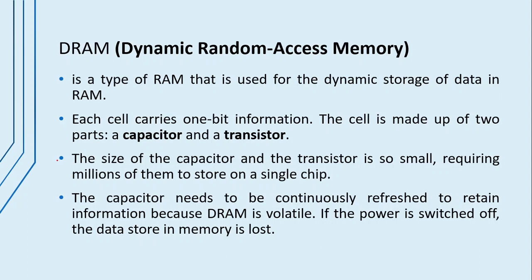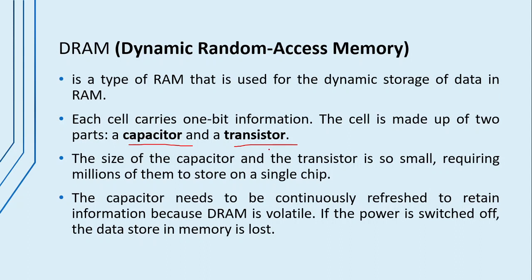In this kind of RAM, capacitors and transistors are used to store your data. Each cell carries 1 bit of information, and as per the size of your RAM, a number of capacitors and transistors are used to store that data. The size of a capacitor and transistor is so small that millions of them can fit on a single chip.